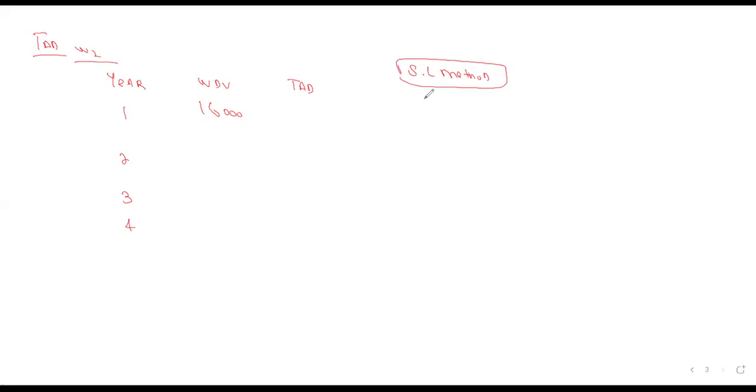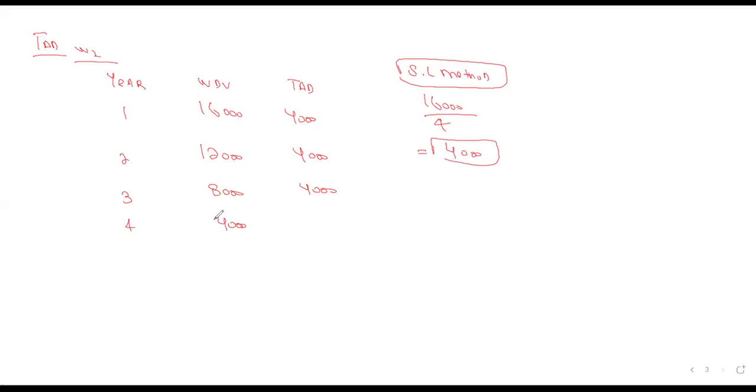If you divide 16,000 over 4, what is the answer coming? 4,000. It means that every year you will compute 4,000 as TAD. Then 12,000, then again 4,000, 8,000, again 4,000, and 4,000.